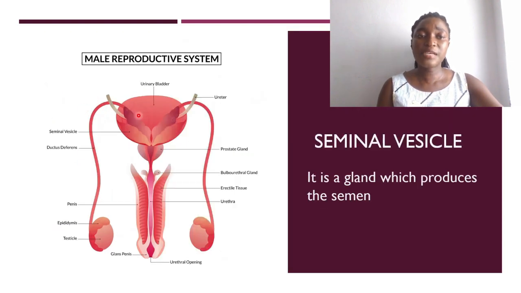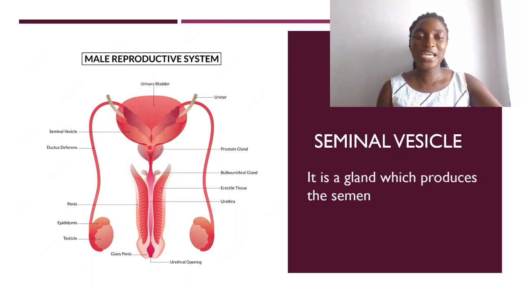As we already mentioned, the seminal vesicle is also two in the male reproductive system. This gland is responsible for producing a particular fluid known as seminal fluid or semen. This semen is responsible for nourishing the sperms which have come in from the sperm duct.